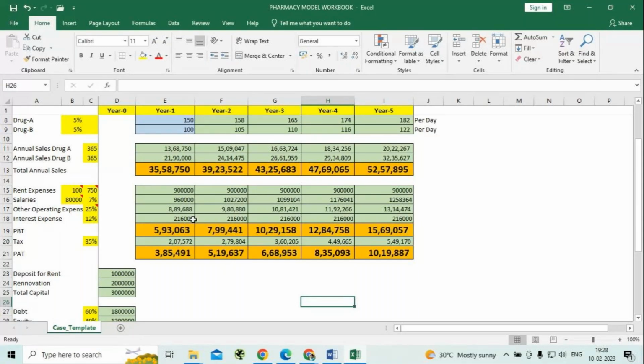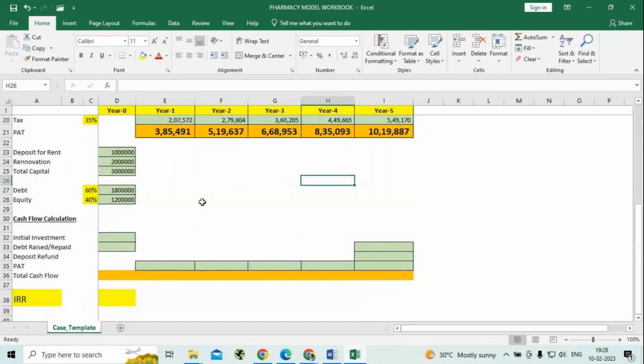Then finally, we are supposed to prepare the cash flow statement. Here the cash flow statement has been prepared in a free cash flow statement format, where we talk about how much initial investment we have brought to this business. That is the capital amount, 30 lakhs.